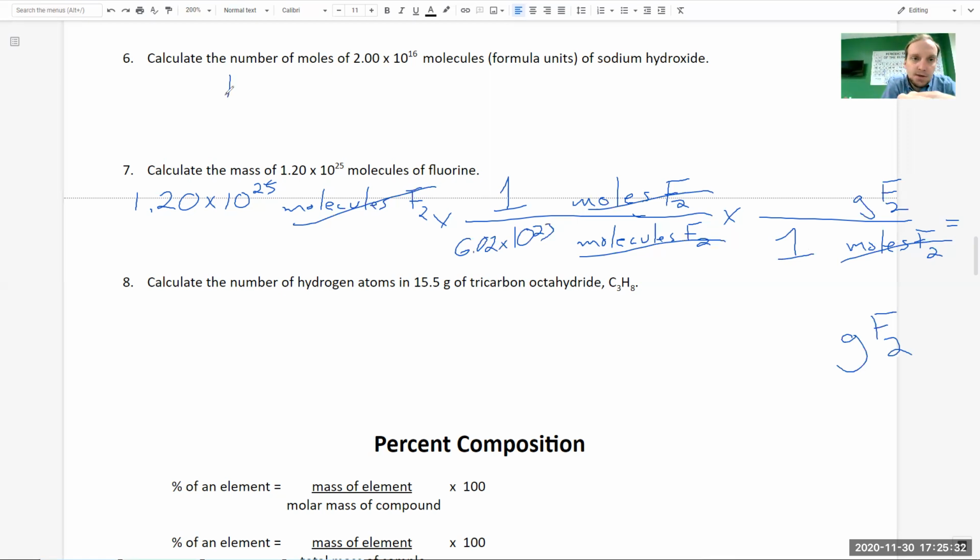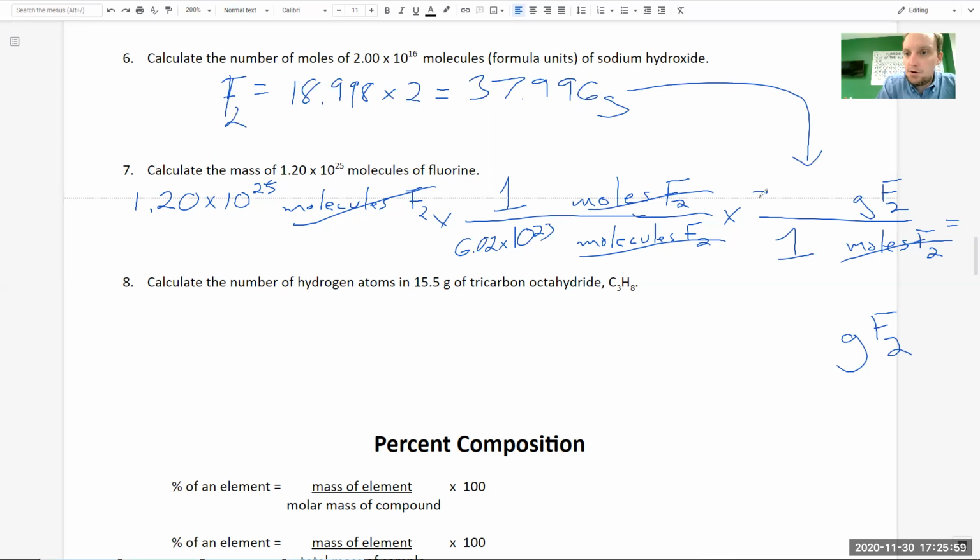So fluorine has a mass of 18.998, but it's F2, so it's times 2, because that's what fluorine is. So then therefore, 18.998 times 2 is 37.996 grams. 37.996 grams is equal to 1 mole.